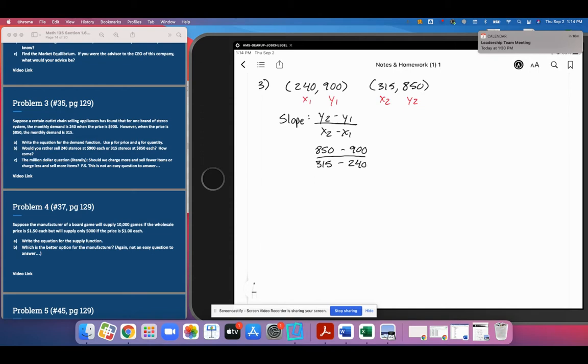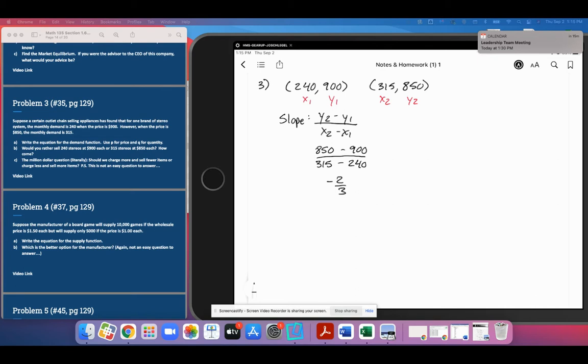So let's see, I've got 850 minus 900 and then 315 minus 240, which gives me a slope of negative 2/3.